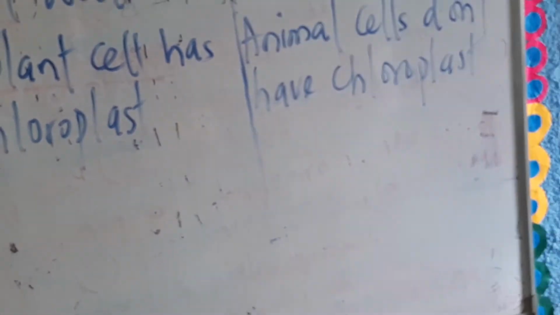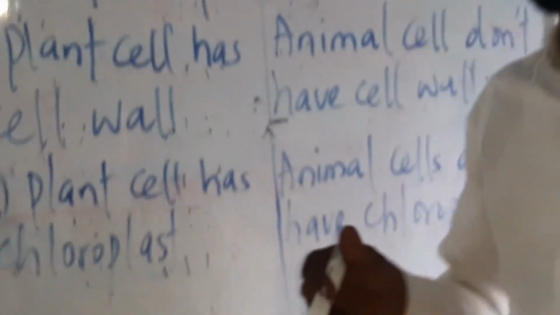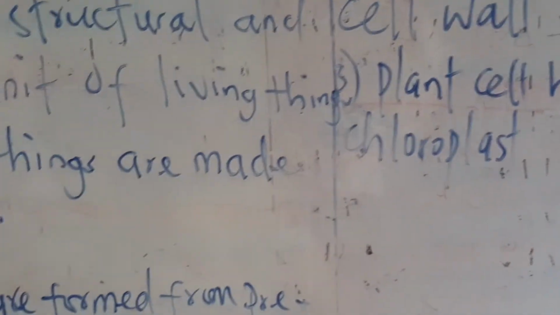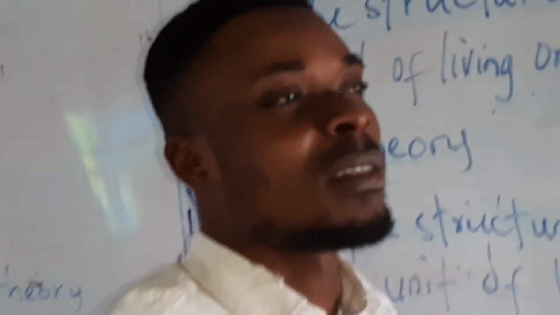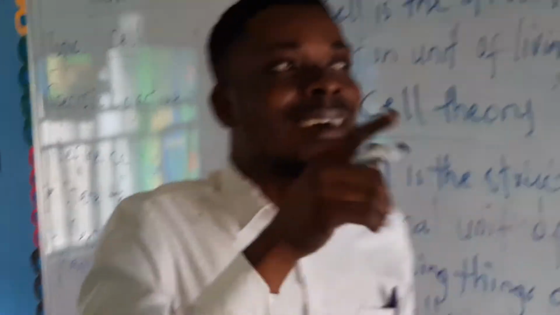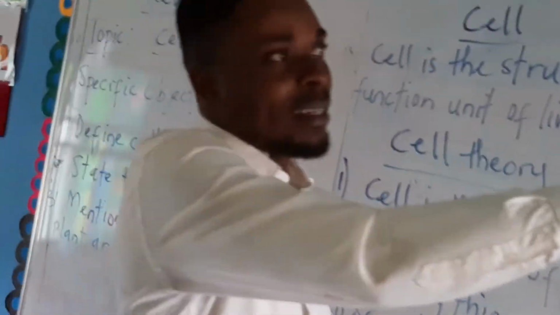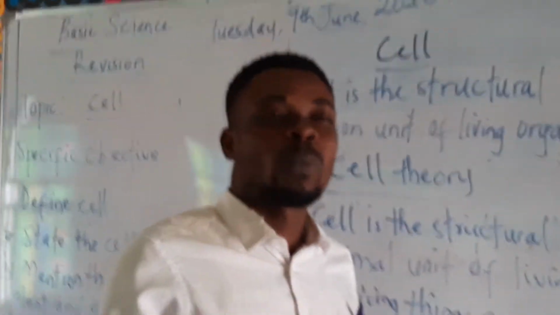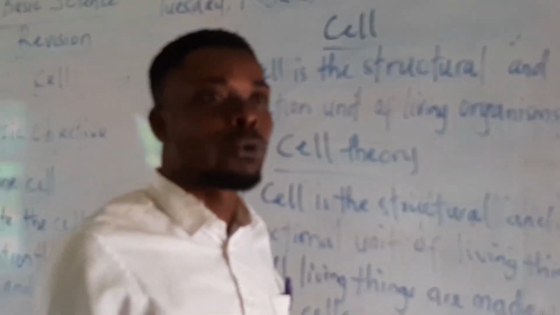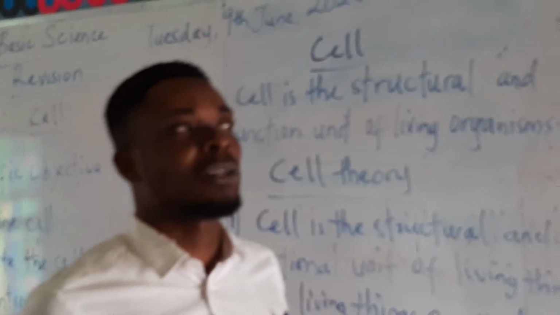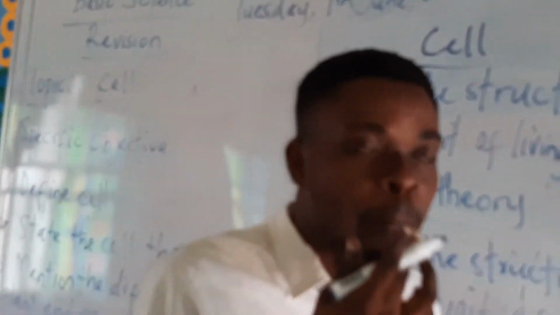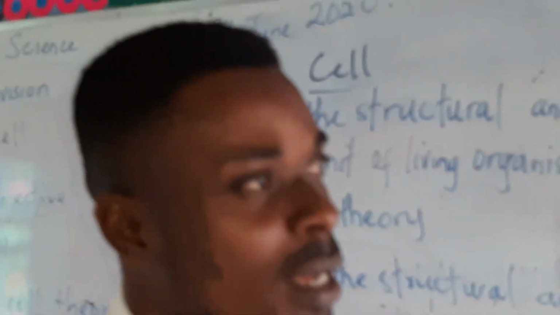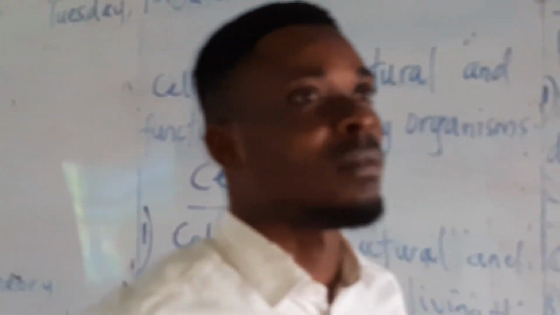Chloroplast is what enables plant cell to photosynthesize. And when I say photosynthesize, I mean able to manufacture their food. Green plants, like you see green plants out there, they have chloroplast. It is because of chloroplast they can make food. We call them producers. They are autotroph in nature.